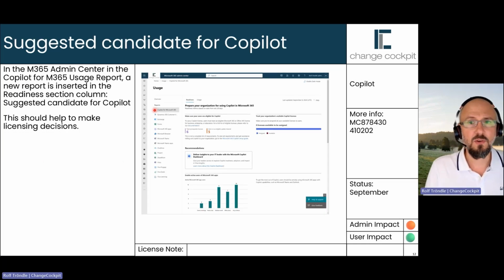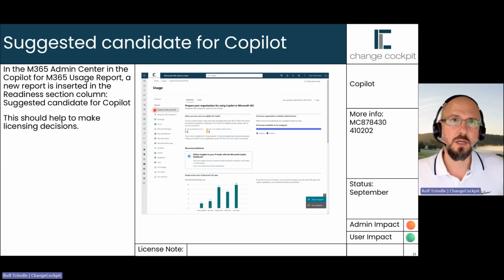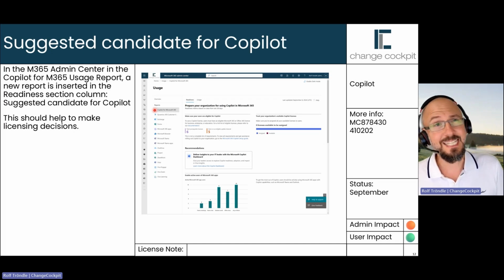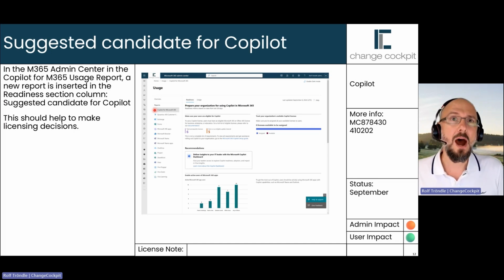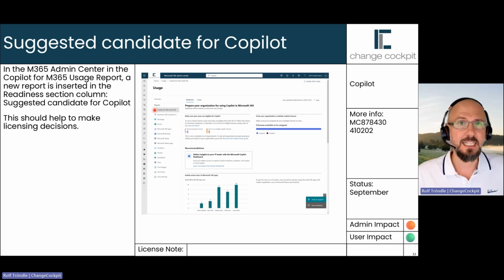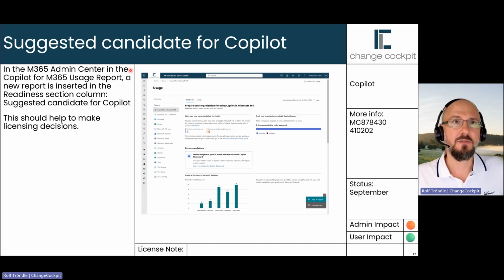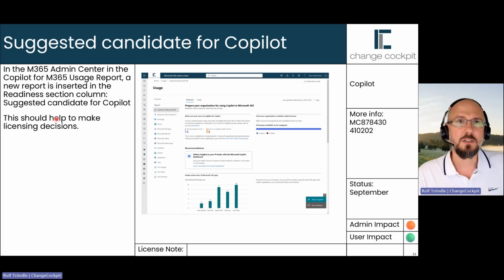Then if you are starting the adoption, or if you have some Copilot licenses left and you don't know whom to assign these licenses to, you now have in the Microsoft 365 Admin Center, in the Copilot usage report, a suggested candidate experience. This means that in the readiness section, Microsoft will suggest candidates for Copilot enablement.